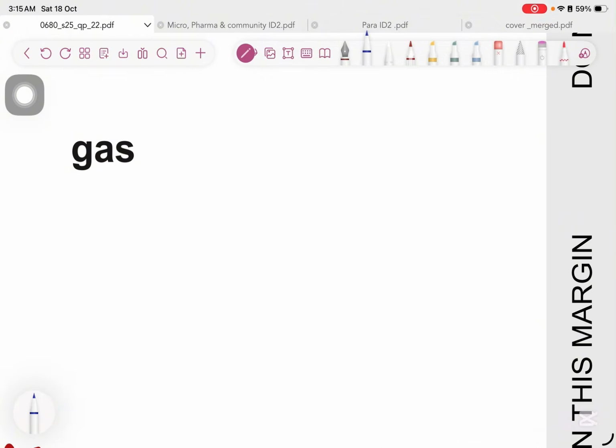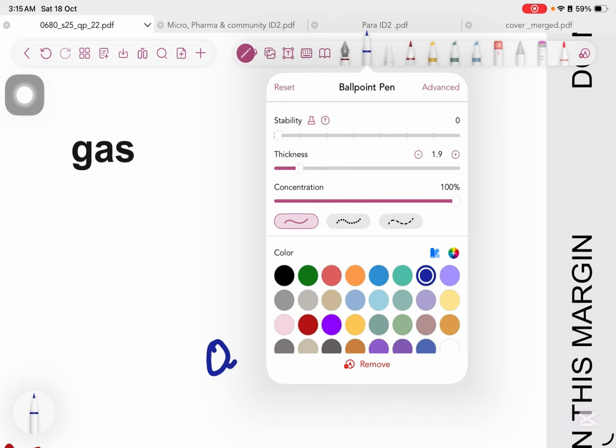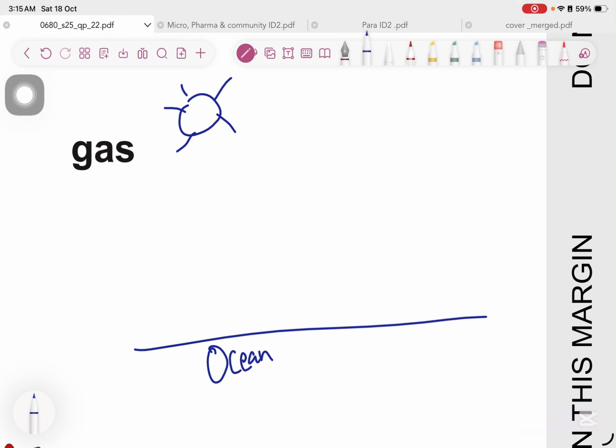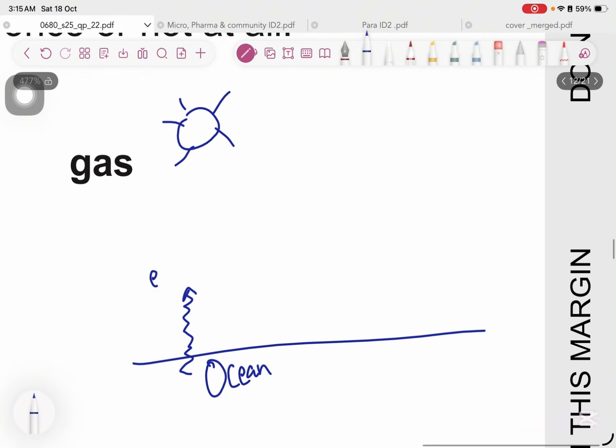Now, my loves, you've got here an ocean. You've got a sun. What will happen here? Water, liquid, will rise. That's called evaporation, because liquid changed to gas.